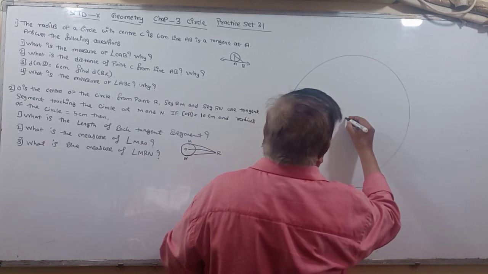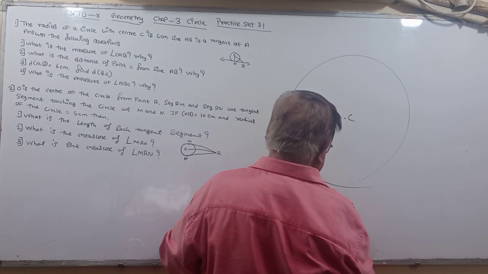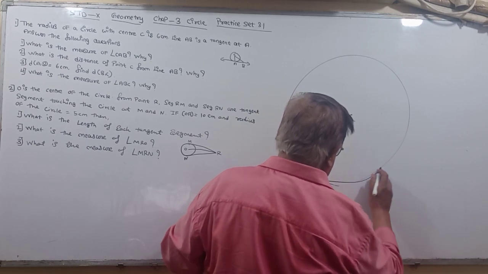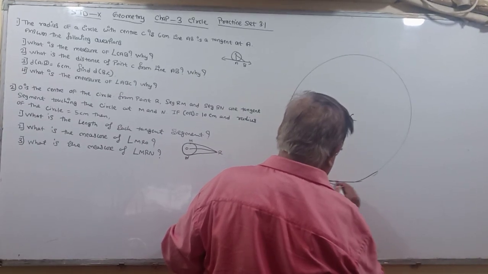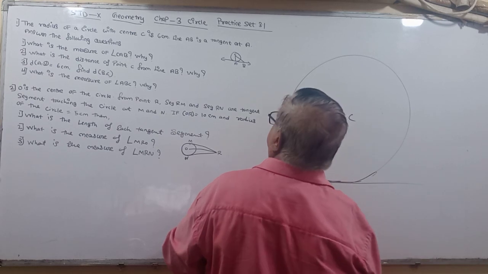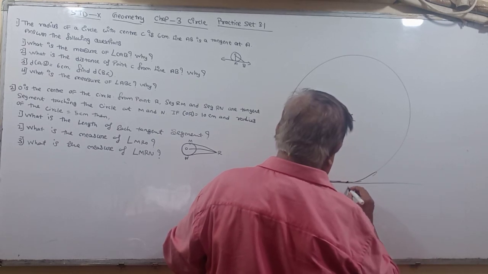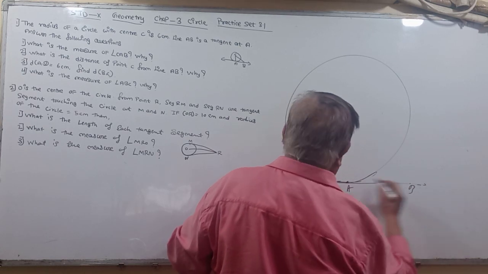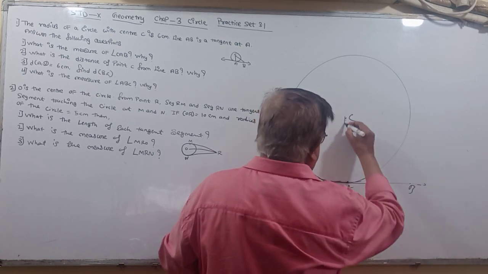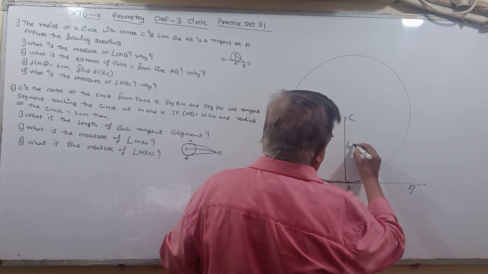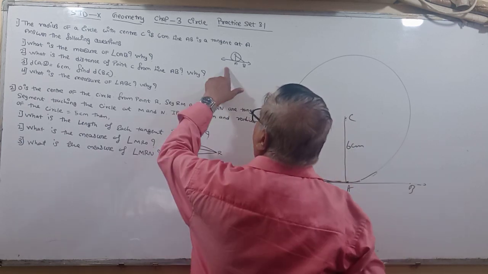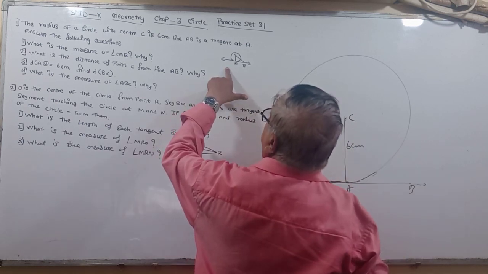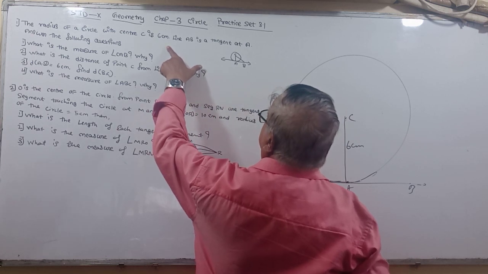This is center C, and this is a line. This line is touching the circle at A. This is B. The radius of the circle is 6 centimeters.